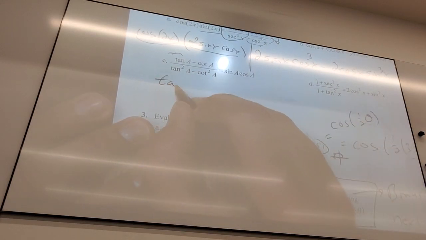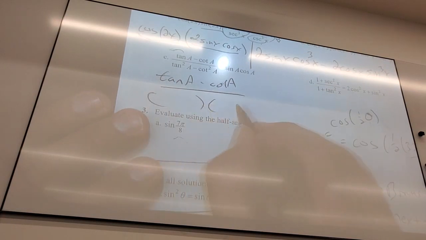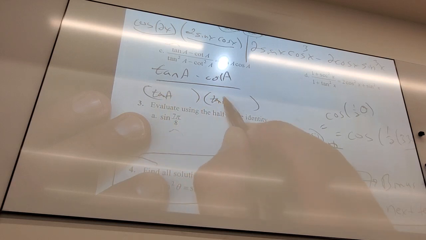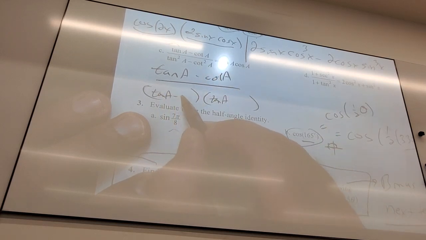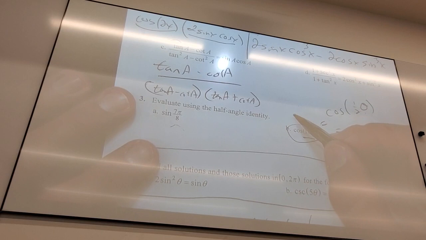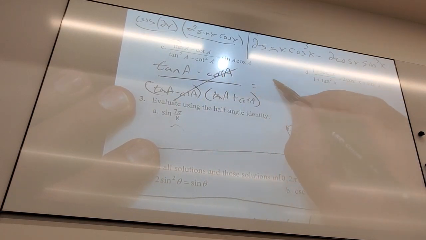So we get tan A minus cotangent A on top. How do I factor the bottom? It's not that bad. Tan squared minus cotangent squared, so it's going to be tan A minus cotangent A, times tan A plus cotangent A, and then factor out. So far I got this.